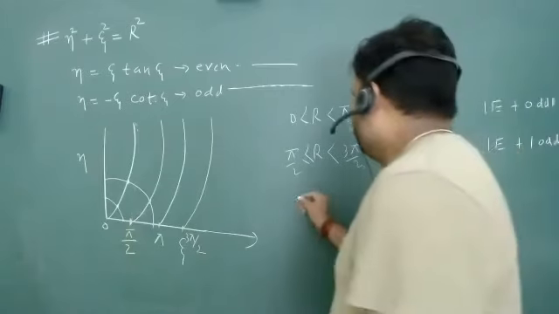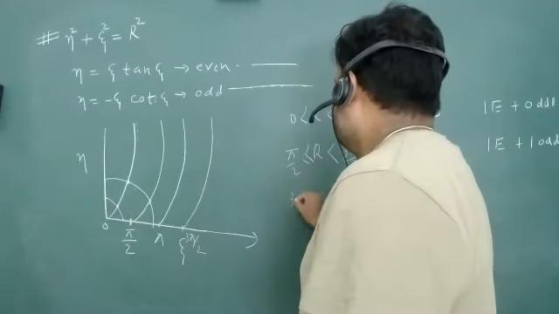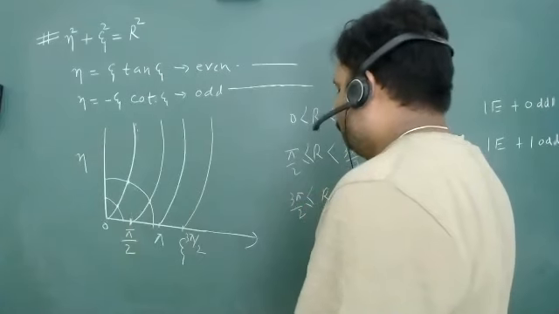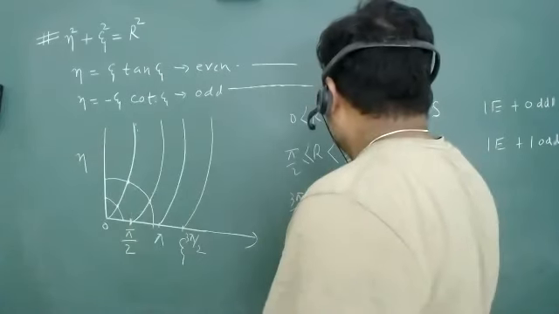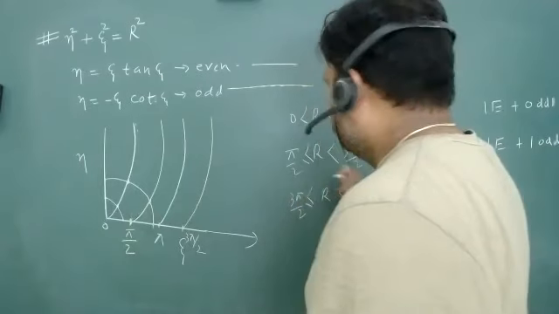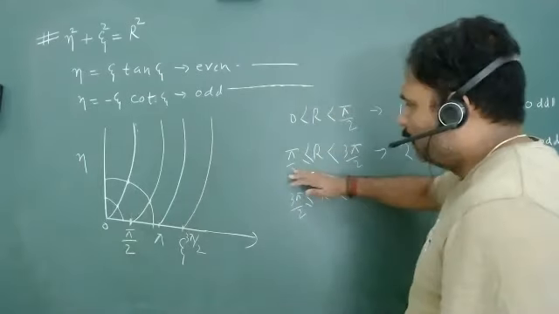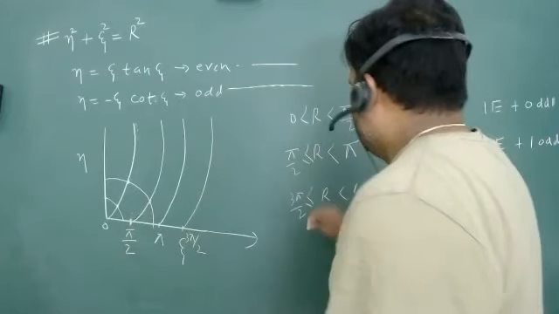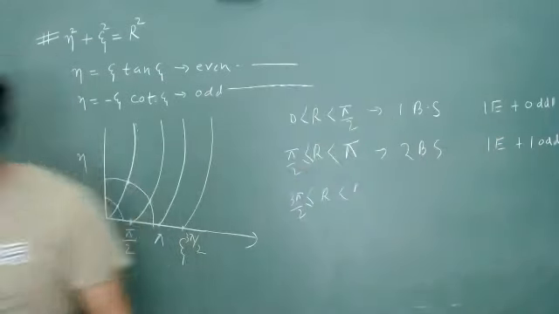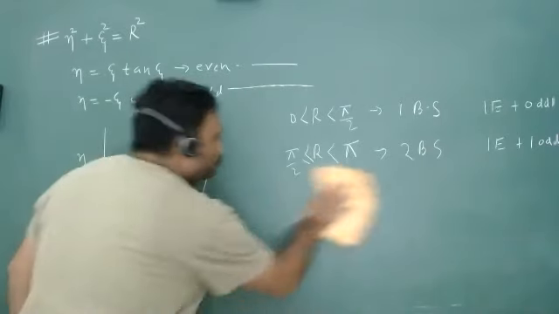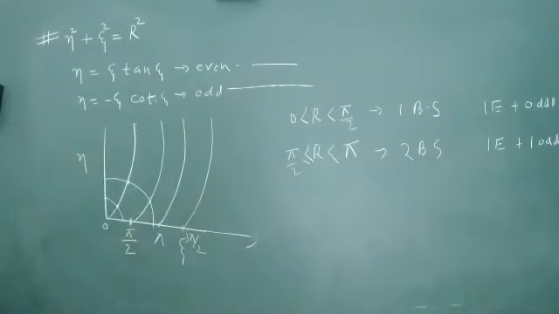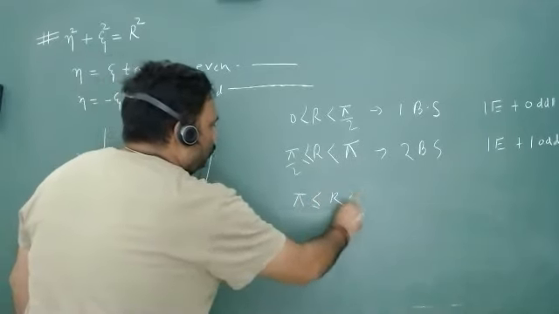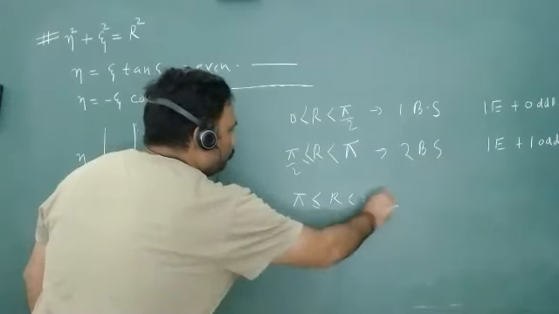Next one, r is between, sorry, pi and 3 pi by 2.